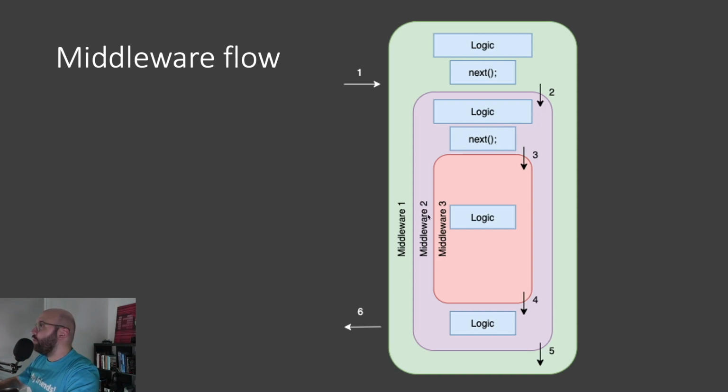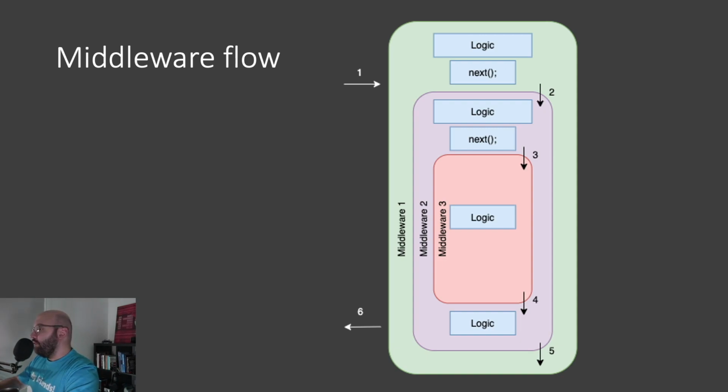Once that has been completed, it reached the terminator middleware, which is middleware 3 here, executed some logic, and then sent the request back to middleware 2, which finished executing its logic and sent the request back to middleware 1.